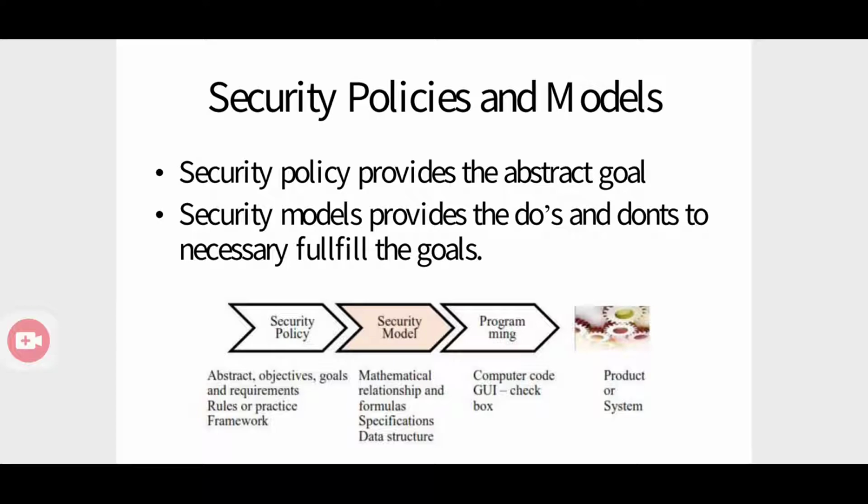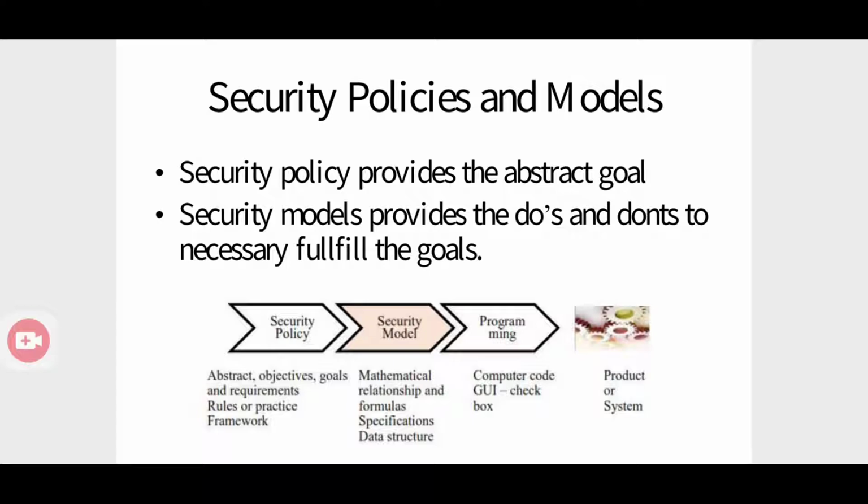You can see in this figure, a security policy means abstract objectives, goals and requirements, or rules or practices for a framework. And what is a security model? It is something like a relationship, or mathematical relationships and formulas. Also, it includes some specifications and data structures that are needed for implementing these policies in a system or product.